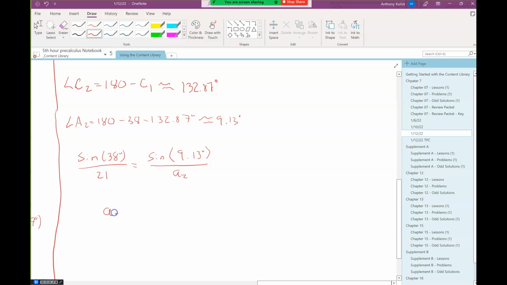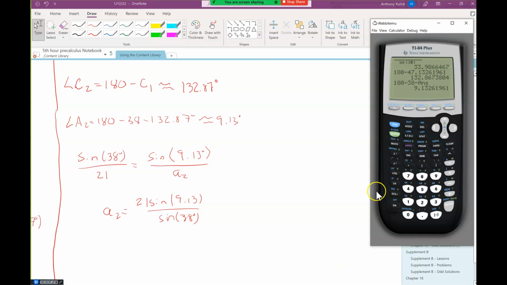And then I'm going to cross multiply and divide. I'm going to skip a little bit of the algebra here because it's really the same steps as we did in the previous problem, just one number is different. So I feel like that's okay at this point, right? Hopefully at this point you've done a little bit of practice here and you're seeing that, Mr. Kulik, this is the same algebra over and over and over again.